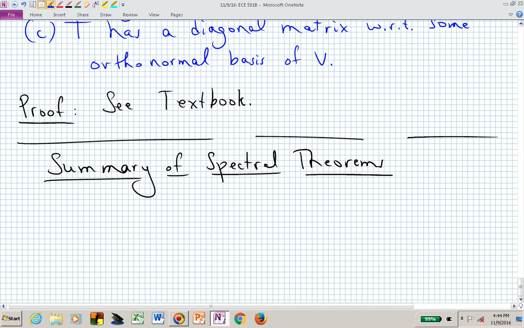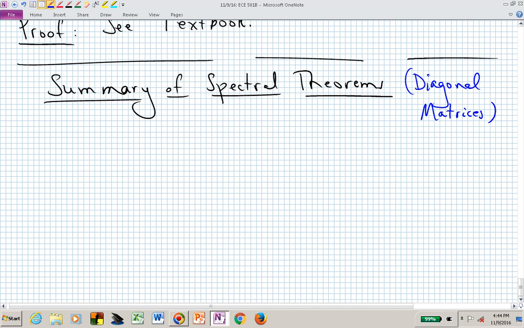Really what we're asking is, when can these matrix representations of these operators yield diagonal matrices? That's what these spectral theorems are telling us.